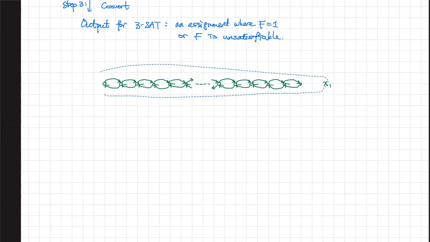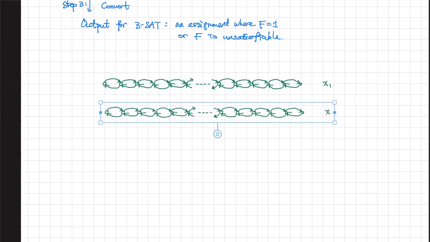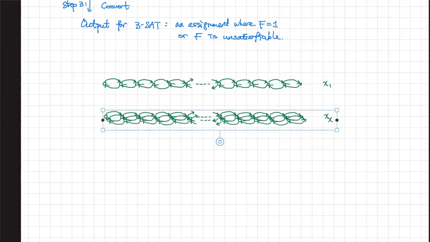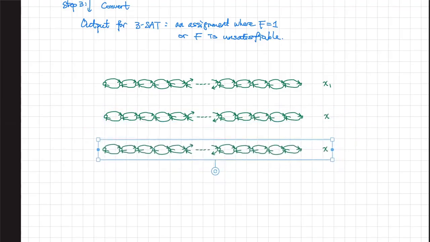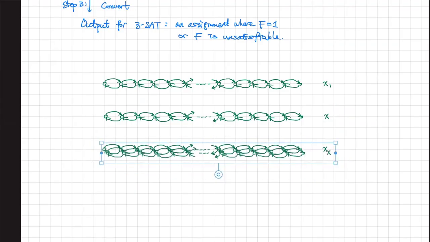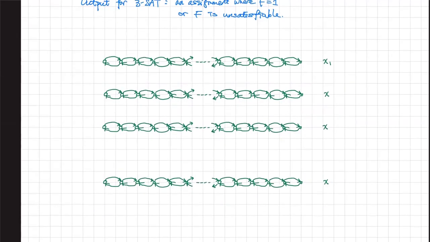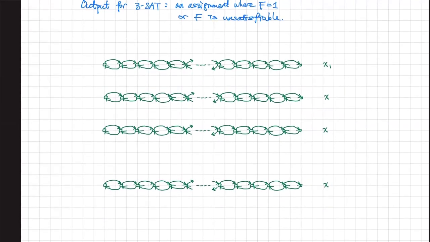Now guess what I do? How many variables do we have? N. So I'm going to make n rows. Then I'm going to create a starting node S, and I'm going to have this starting node S point to the first node of the first row and then the last node of the first row.